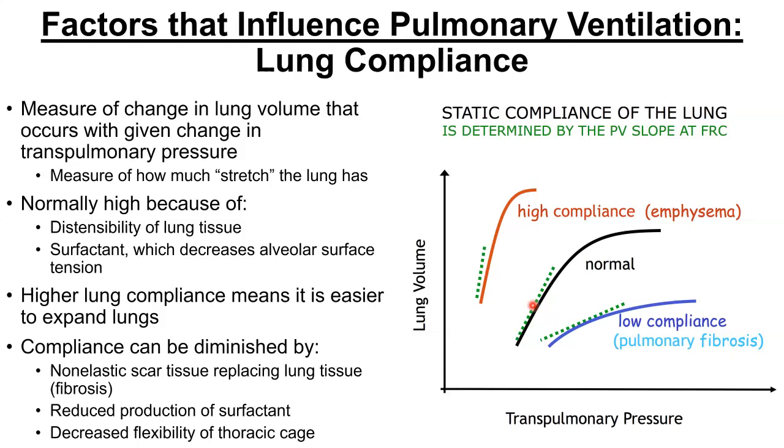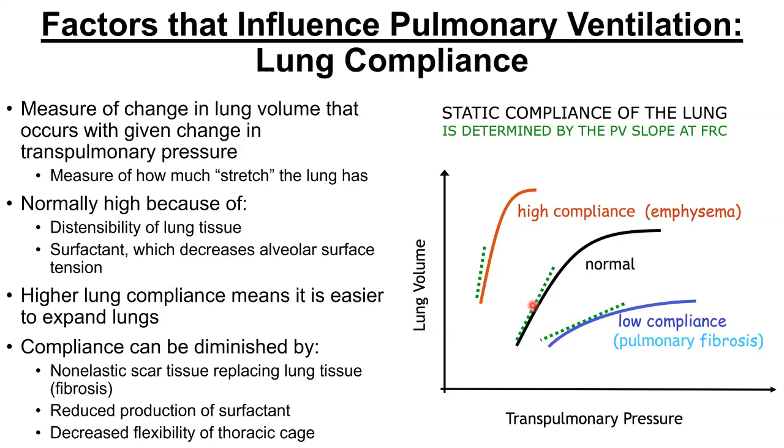That's the normal situation. However, in pathological states, high compliance means that you could have a really big change in volume with not a super big change in pressure. And if you don't change the pressure, then air has a hard time flowing in or out, as we know.